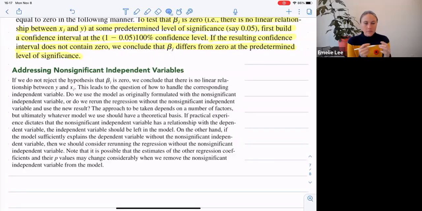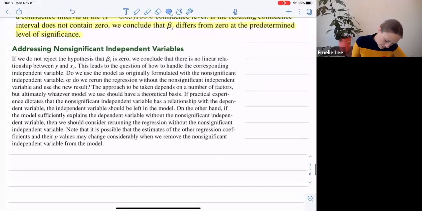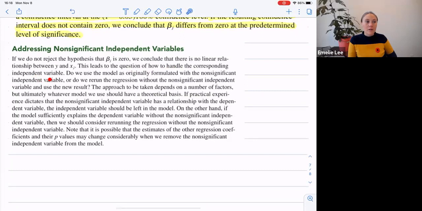And if you can be convinced to remove it, then there are different ways that we can remove non-significant independent variables. Okay. And so how do you handle the corresponding independent variable when there's an insignificant result? This is kind of vague, right? But it basically boils down to just what do you feel like doing? You're the analyst, so you get to make these decisions.